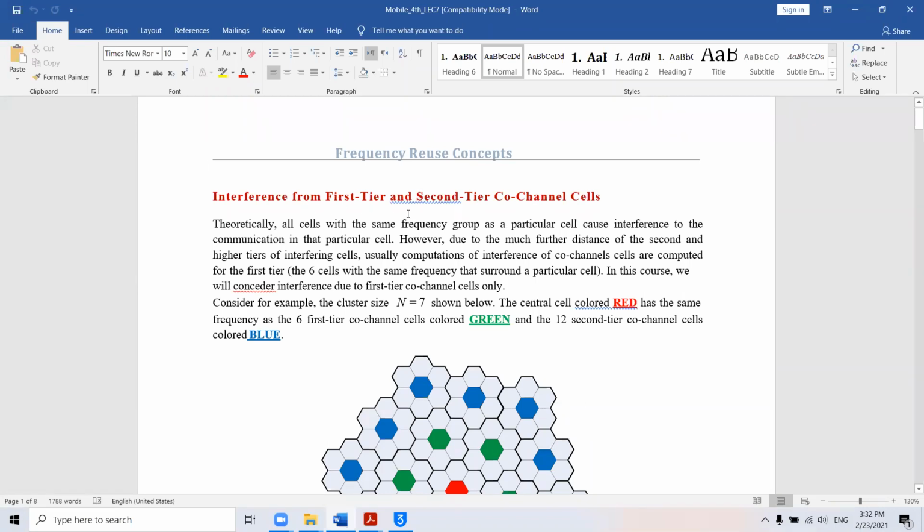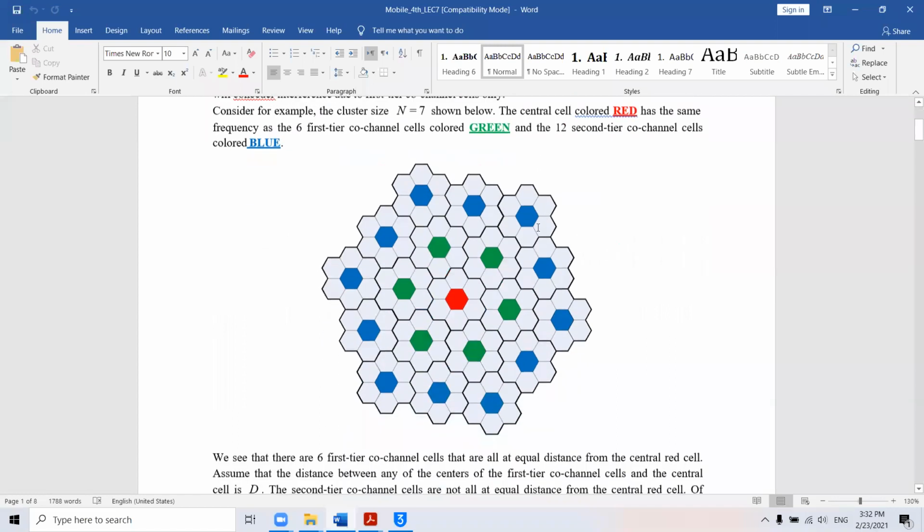Interference from first tier and second tier co-channel cells. Look, please, in the previous week, we said that, say, the red cell, we have a mobile unit at the red cell, and this mobile will collect interference from the co-channel cells.